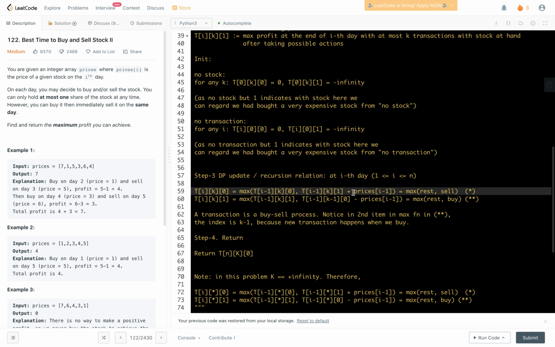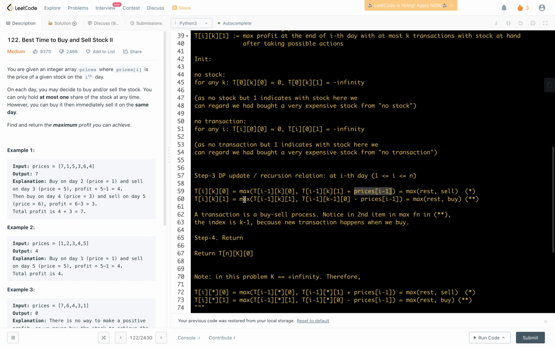So this part corresponds to the fact that we do nothing at day I. And the second term is the following case. We sell a stock because at the end of I-1 day, we do have stock at hand. So we can sell the stock to gain some profit. So this is the second item in the equation star.